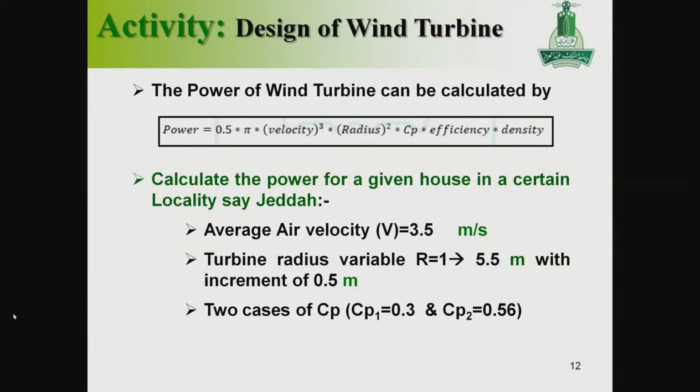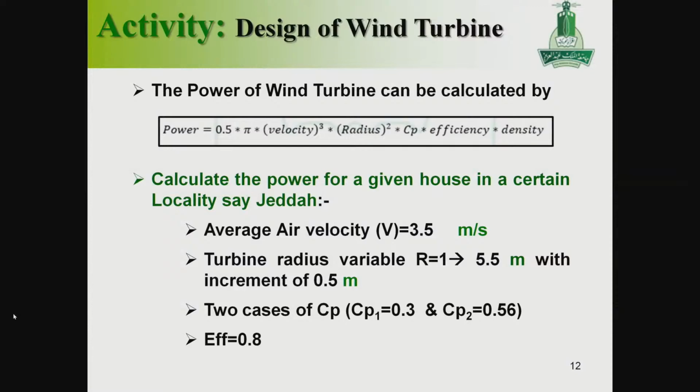And there are two cases here for Cp, some sort of a value in the given wind turbine. For the first case, the Cp value is 0.3, and for the second case, the Cp value is 0.56.